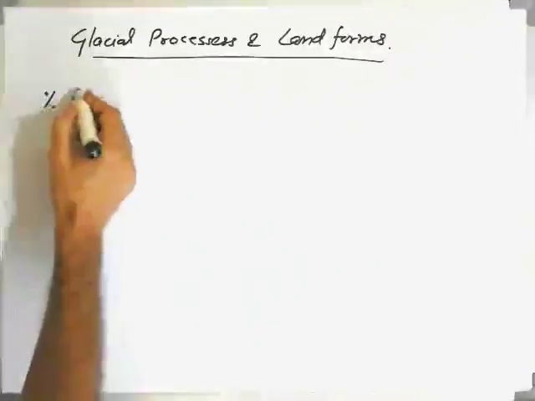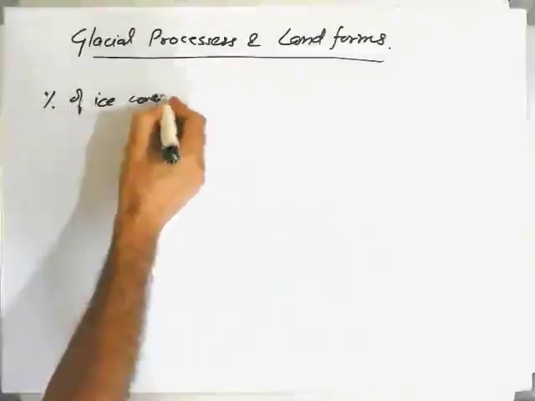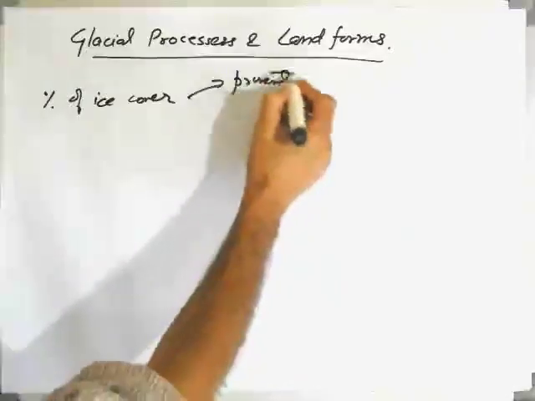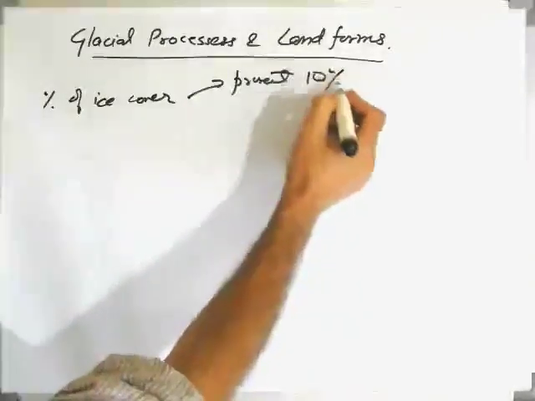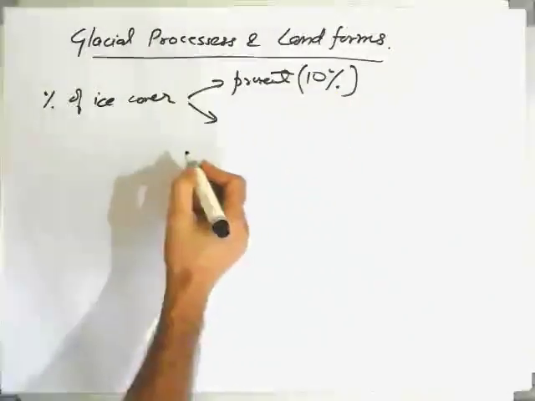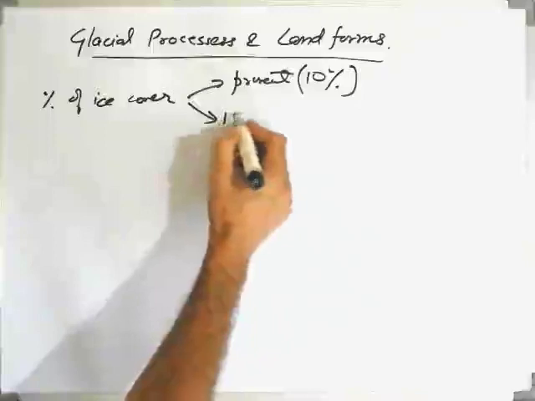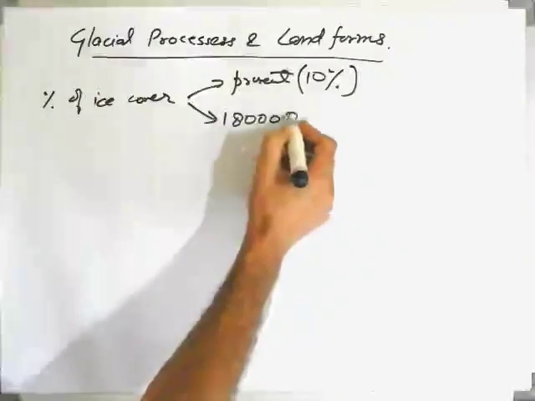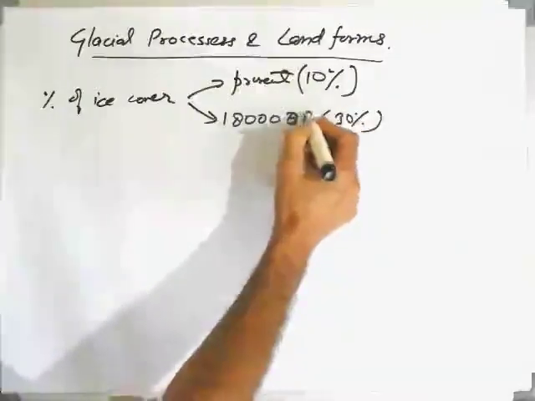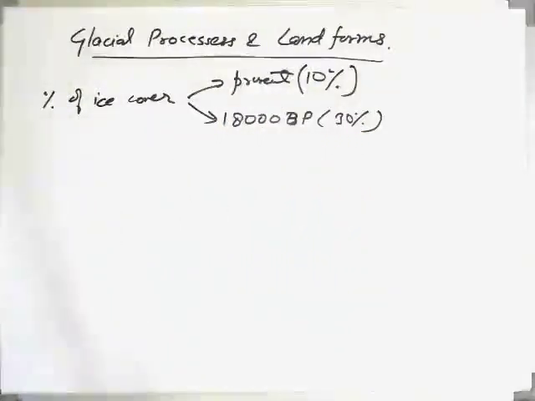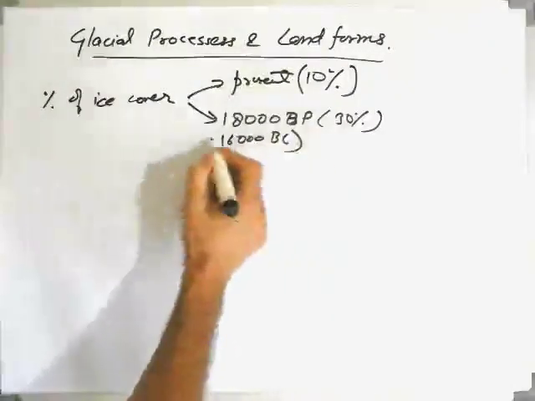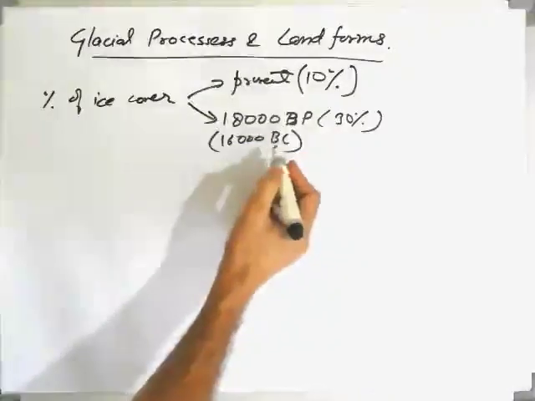So percentage of ice cover at present is about 10% of the total land surface area, and during the ice ages, that is around 18,000 years before present, it was approximately 30% of the total land surface area, or it was 16,000 BC. This is before present.